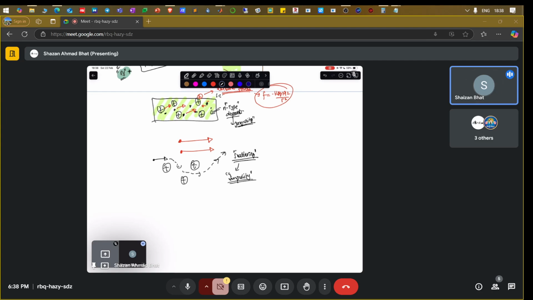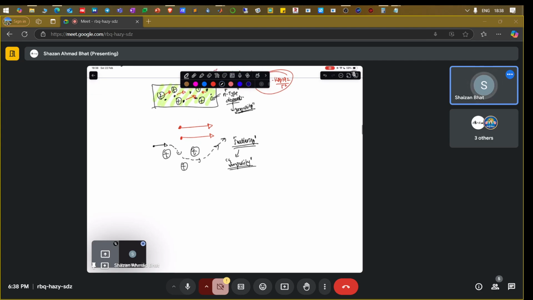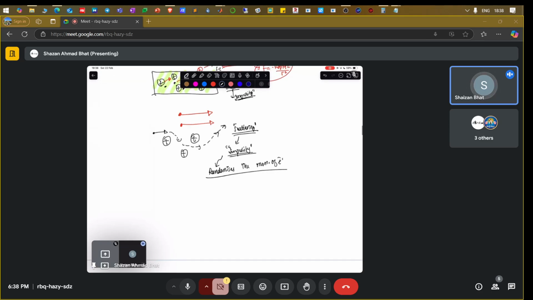Okay. So now what does it do? Whenever this scattering event happens, it randomizes the momentum. It causes momentum randomization of electrons. Let's say the electron was going in this direction with some momentum k1, it changed its momentum, now it's going in this direction, then in this direction with momentum k3. So it totally randomizes the momentum, which is basically the product of mass and velocity.